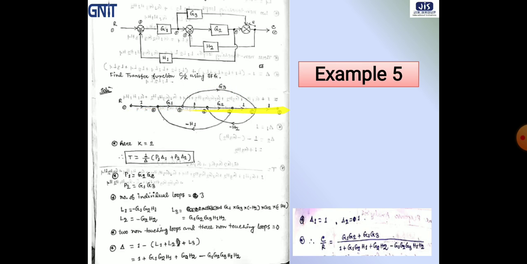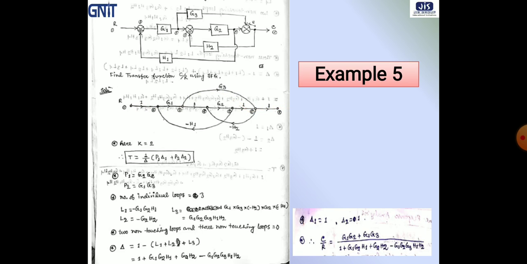This is path 1 and this is path 2. So P1 will be the multiplication of the transmittance of path 1, that is G1 into G2, and P2 will be the transmittance of path 2, so that is G1 into G3.